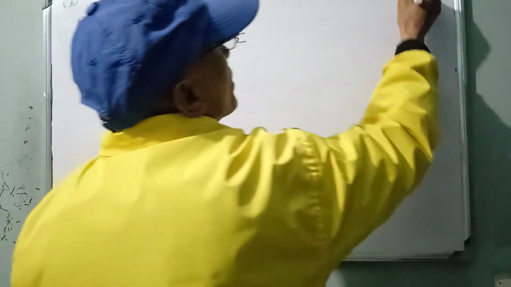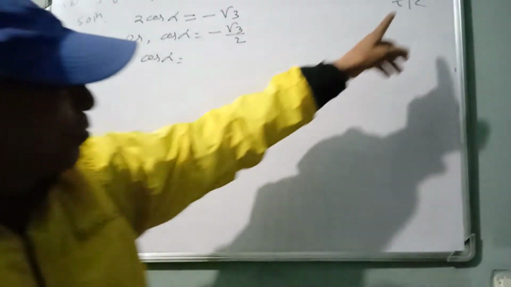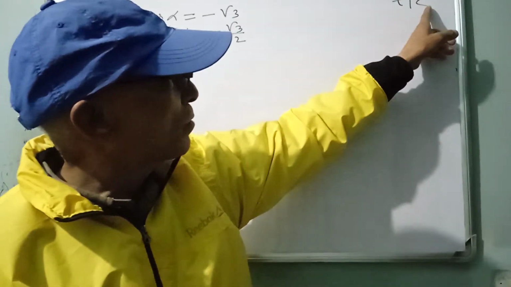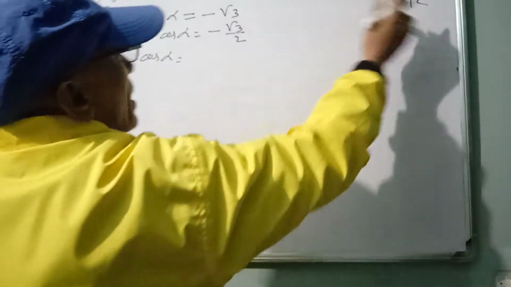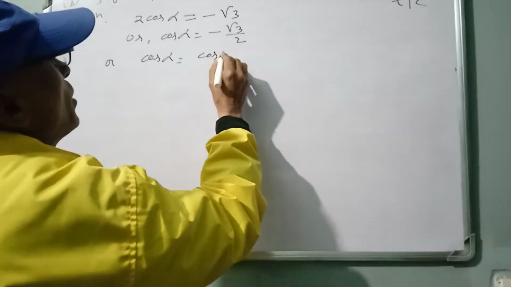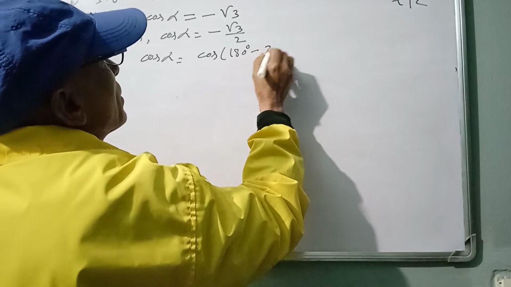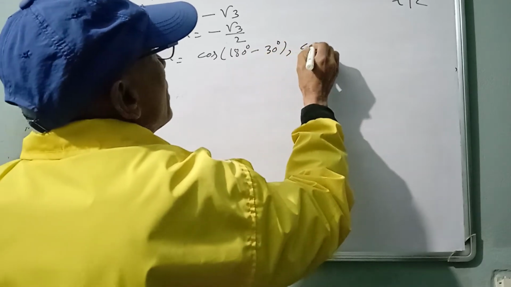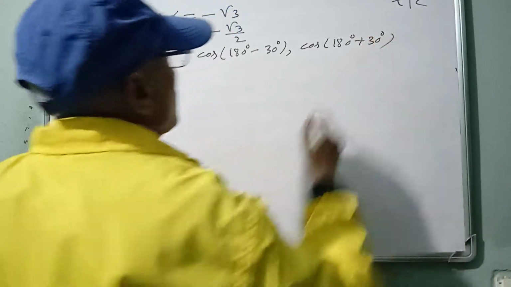Cos is negative. When is cos negative? See, all, sin cosec, tan cot, cos. Cos is positive in the first and fourth, but negative in the second and third. Cos 30 degree is root 3 by 2. So 180 degree minus 30 degree, and 180 degree plus 30 degree.